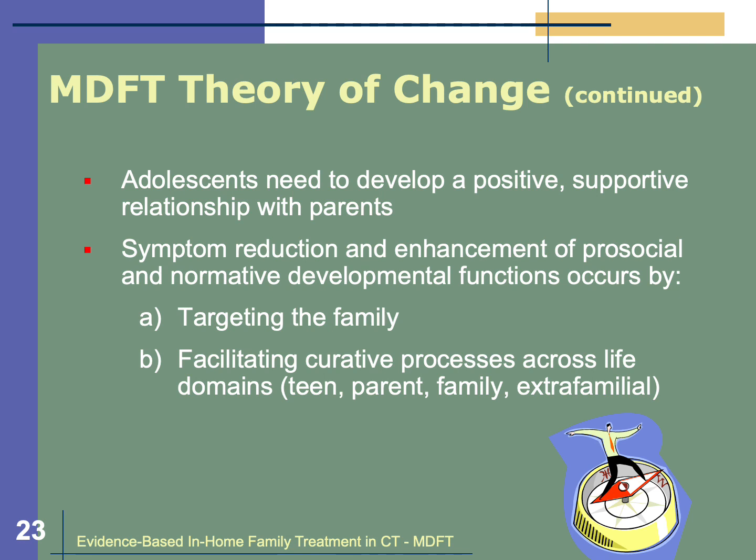So what's going on in the family? But remember, when you target the family, you're also looking at what's going on within each individual. So if someone has an undiagnosed mental illness, you're going to start to treat that. But you're also looking at the interactions between family members. So you may engage in some work to help families recognize each other's strengths. But you're also facilitating connections across all the ecological domains.